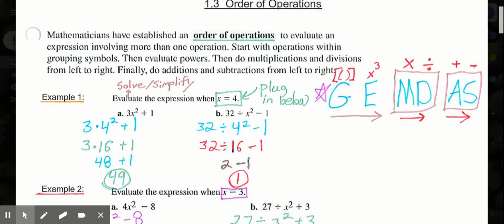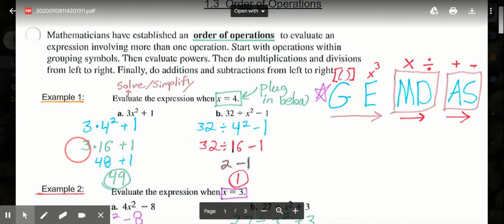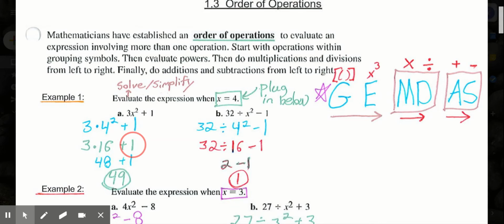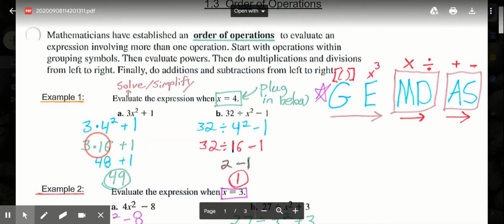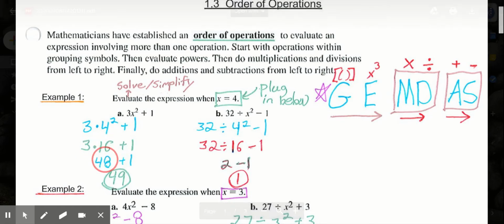We don't have any grouping symbols, so we start with the exponent or power of 4 squared. 4 squared is 16. I write down what I didn't use. So now I have 3 multiplied by 16 plus 1. Then we have multiplication and addition, so I need to multiply first. 3 times 16 is 48. And then 48 plus 1 gives us our final solution of 49.